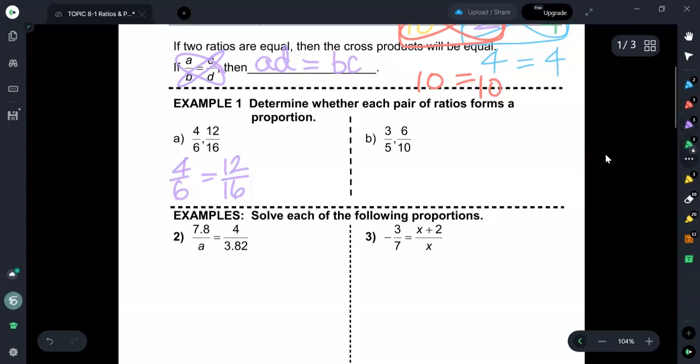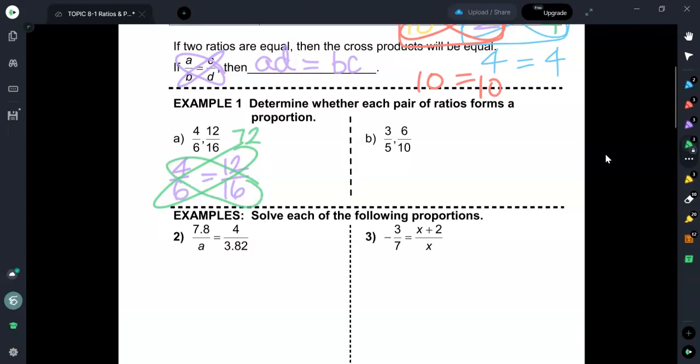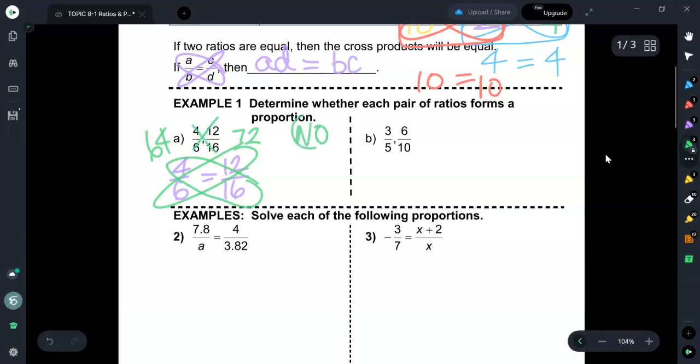I'm going to take 6 times 12, which is 72. And then I'm going to take 4 times 16, which is 64. Now, are 72 and 64 equal values? No, they are not equal, which means this is not a proportion. Those two are not the same.